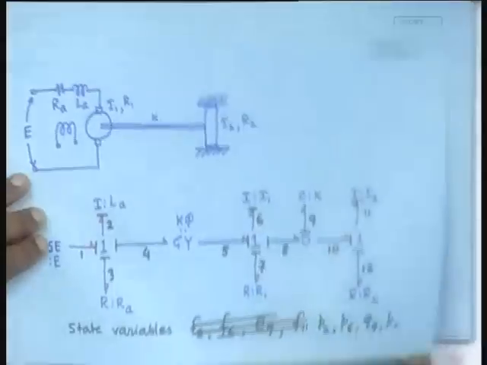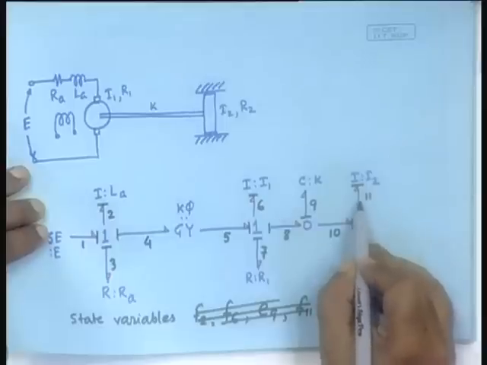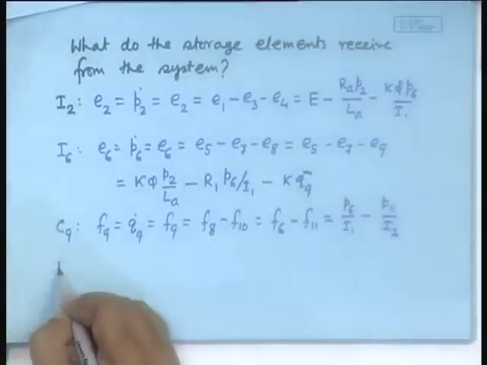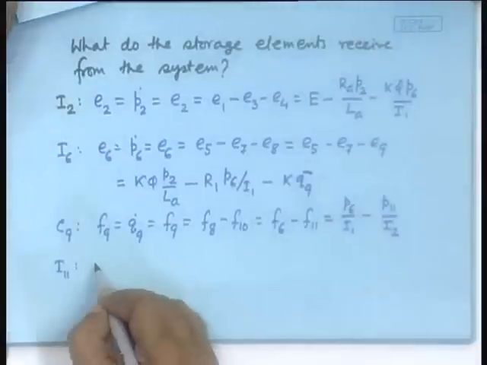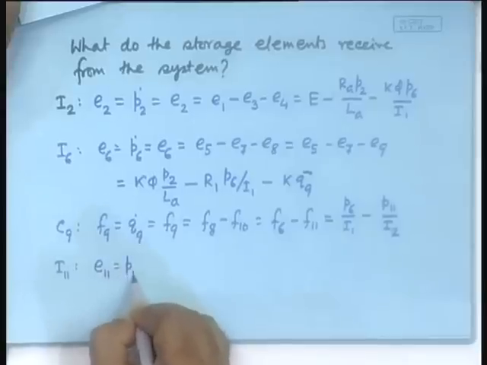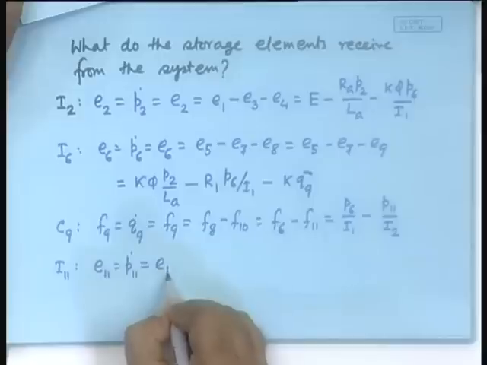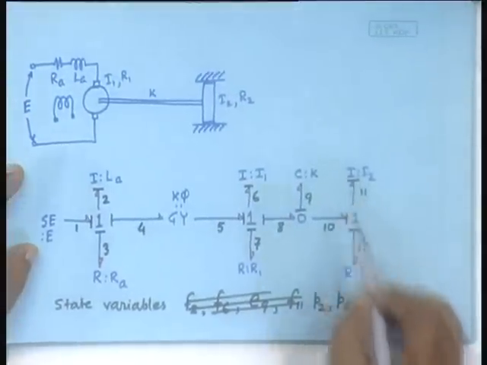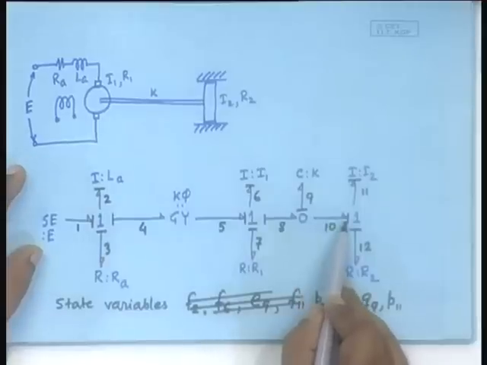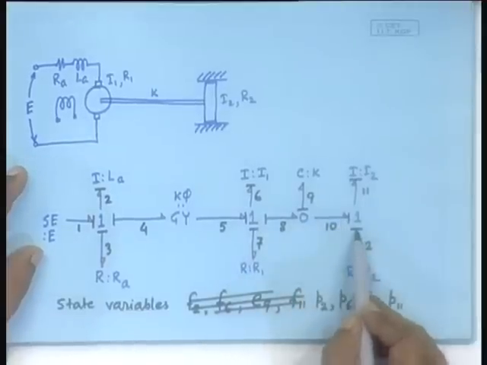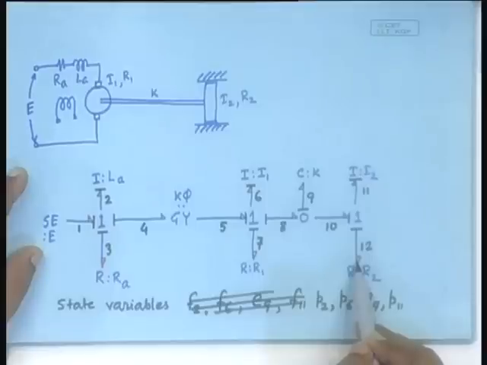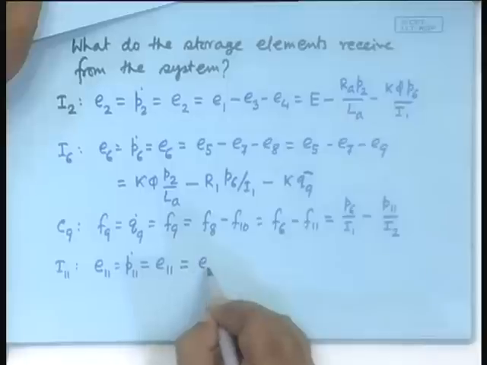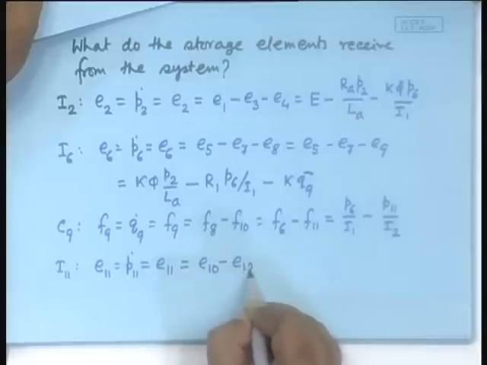Finally, let us ask this question in relationship to the I connected to bond 11. It receives effort. So, E11 is equal to P11 dot, we bring it to this side and find out where E11 comes from. It is E10 minus E12, because of the power directions.